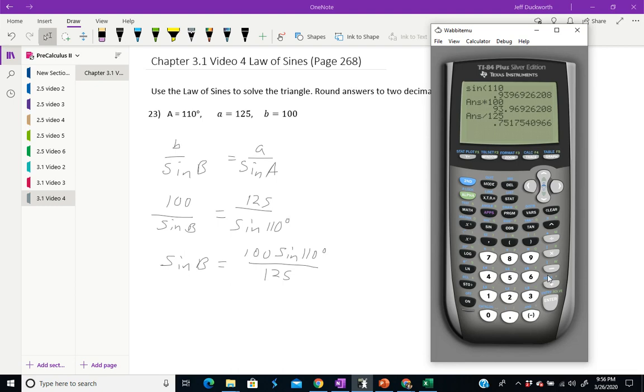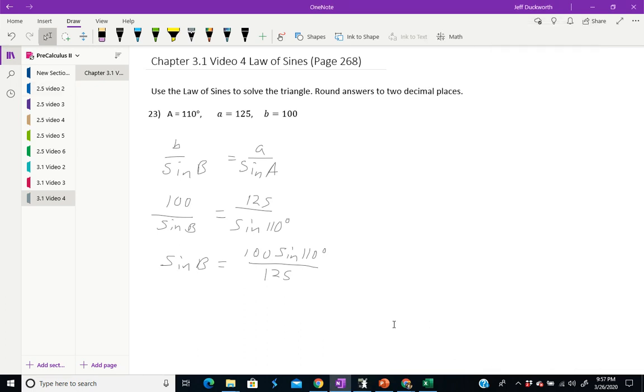So we're looking at something that doesn't make sense. What did I do? Oh, I'm sorry. That's what the sine of B is. That makes sense. All right, so let's write that in first. So 0.75.